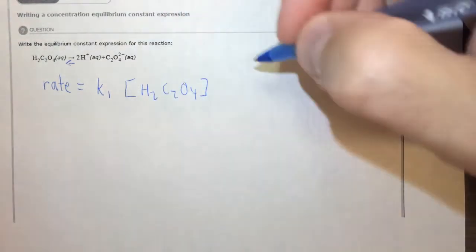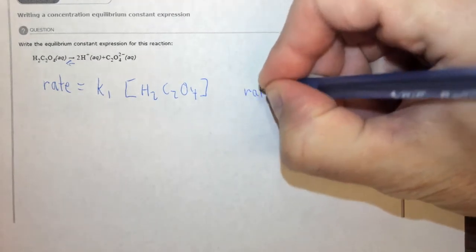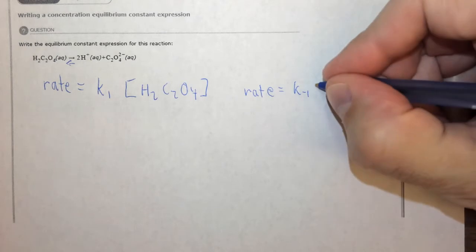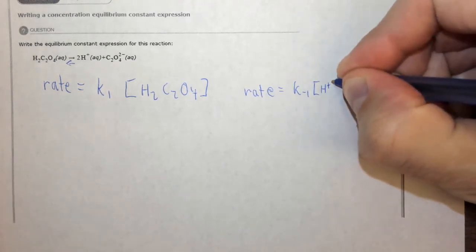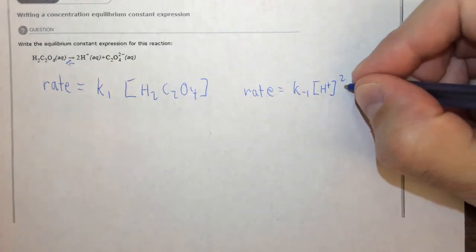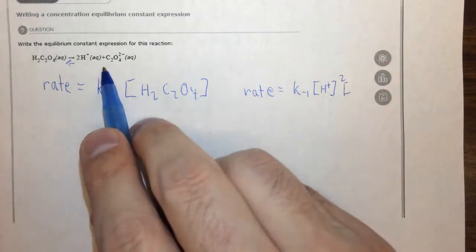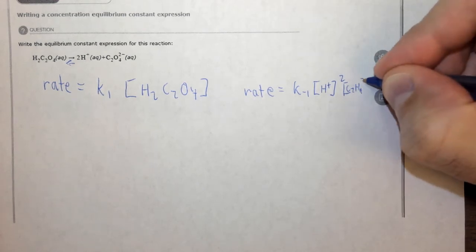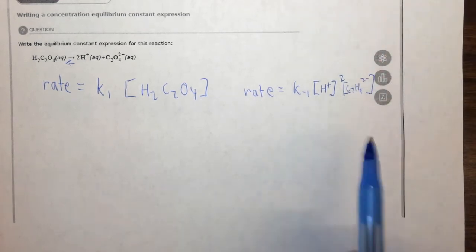The rate of the reverse reaction equals K minus 1 for the reverse reaction, times the concentration of H+ squared, because there's two of them, and these are elementary reactions, so you're allowed to do this, times the concentration of C2O4 2-, like that.